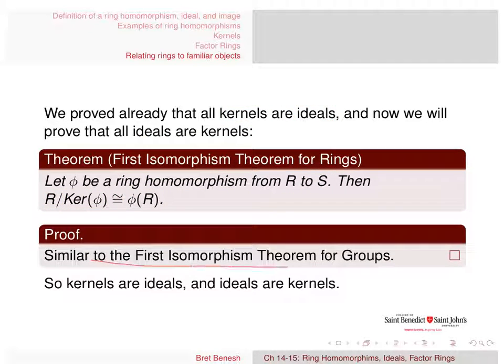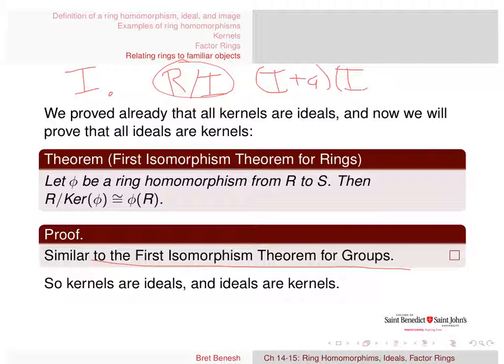And the proof is similar to the first isomorphism theorem for groups. It's nothing surprising. But the takeaway is, let's suppose you have an ideal. Then you have a well-defined multiplication. So you can look at the factor rings portion, but you can define a quotient ring where addition is going to be a plus b, and you can also define multiplication.